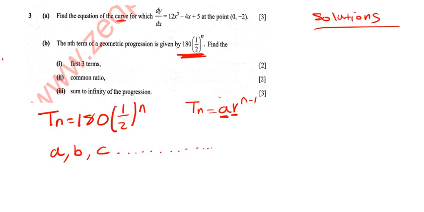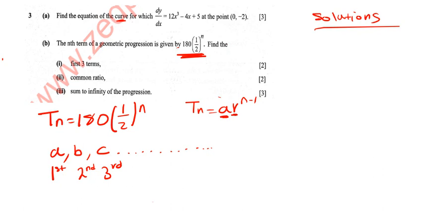Now they have said find the first three terms, which means we must have three terms, starting with the first one, the second one, and the third one. So the first one is a, the second is b, and the third is c. We need to find a, b, and c.